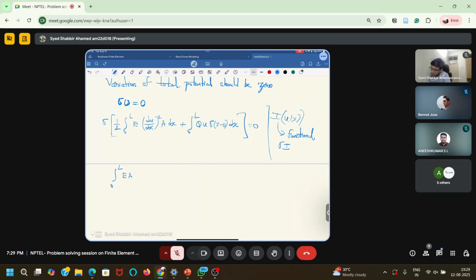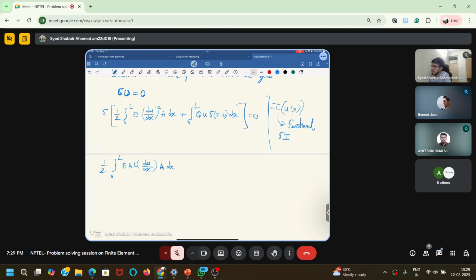Let's say if you have 2x square and you differentiate it once, similarly you can get here 2 into du/dx into A into d(del u)/dx. This is what you will get. And now I apply variation to the other term.